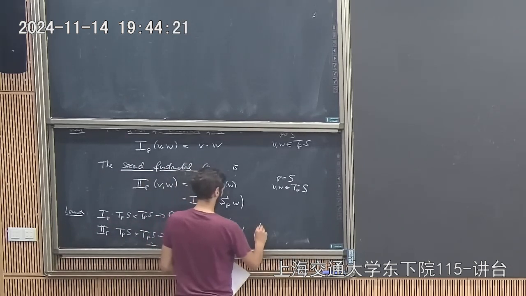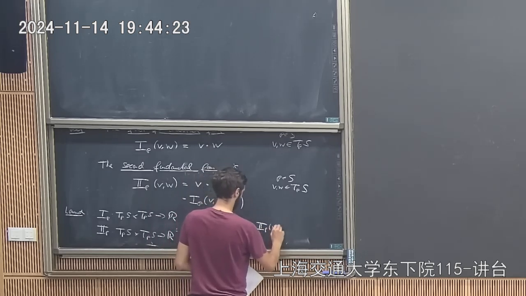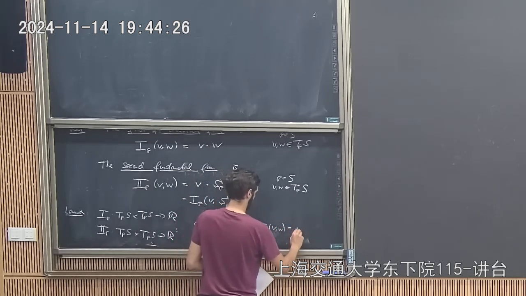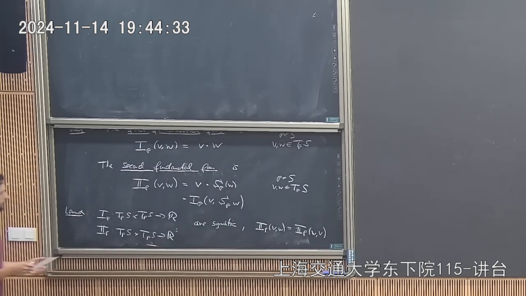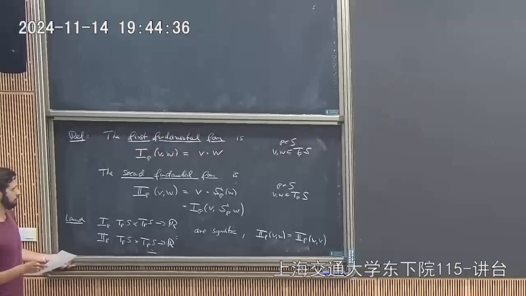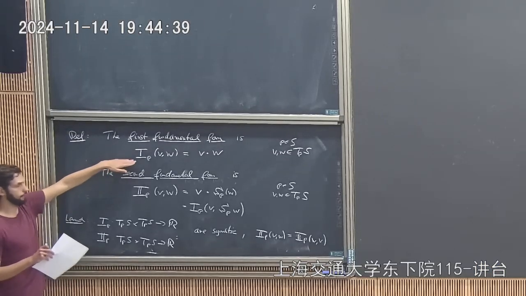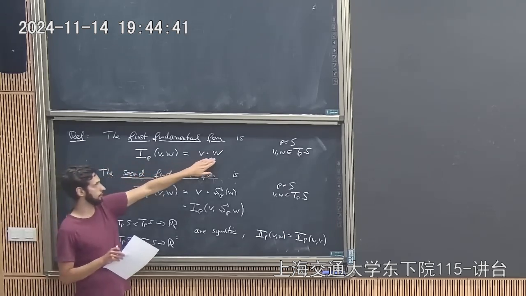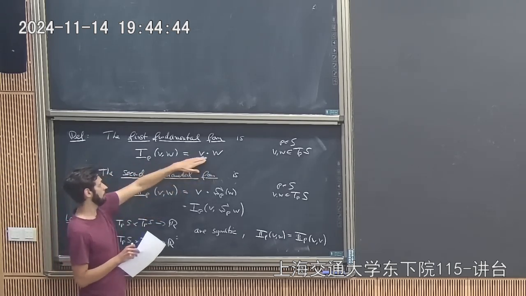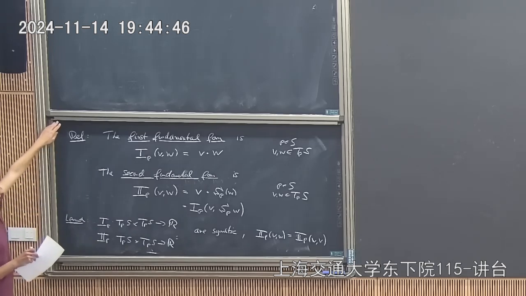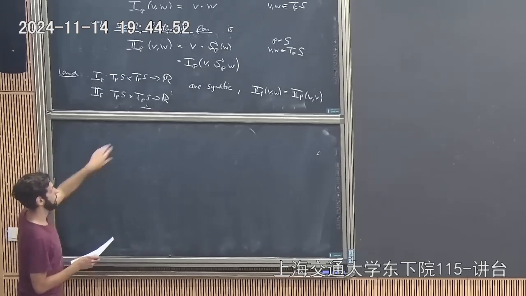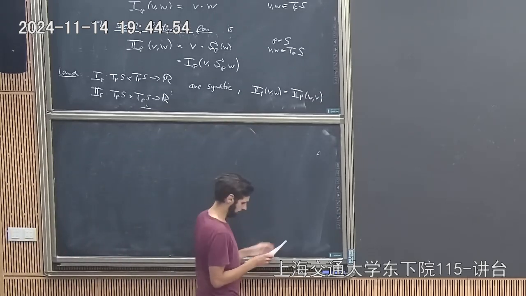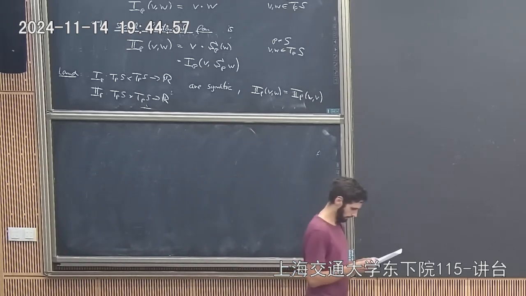That means that if you change the position of the vectors, you get the same value back. For the first fundamental form, that's clear, because if you take the inner product of two vectors, it doesn't matter in which order. For the second fundamental form, it's a bit more work to prove that.